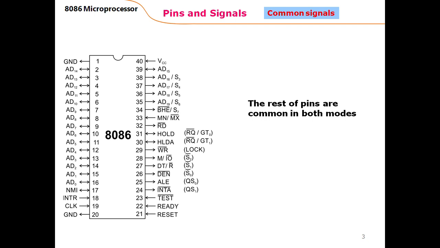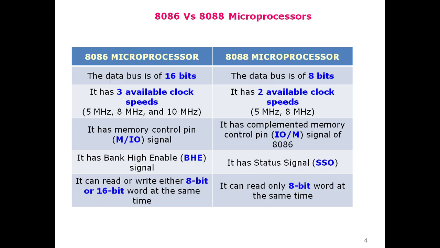So the microprocessor operates in two different modes, minimum mode and maximum mode. In the minimum mode, the microprocessor generates all of the control signals itself, while in the maximum mode, there is a controller that generates signals, and the microprocessor can be connected with a coprocessor. So in the maximum mode, the microprocessor operates in a multiprocessor environment.